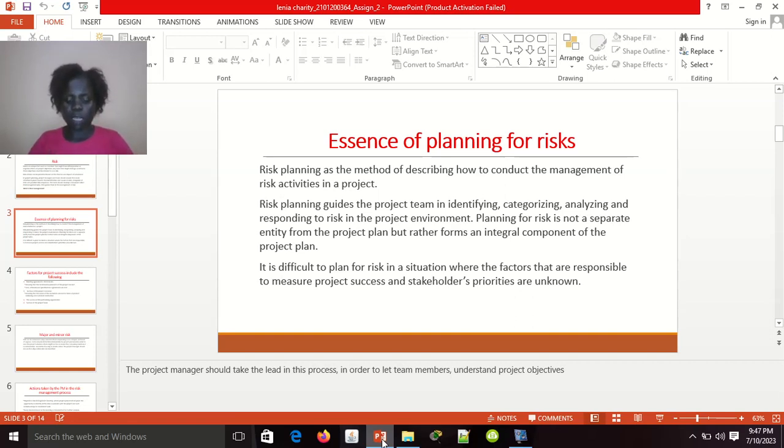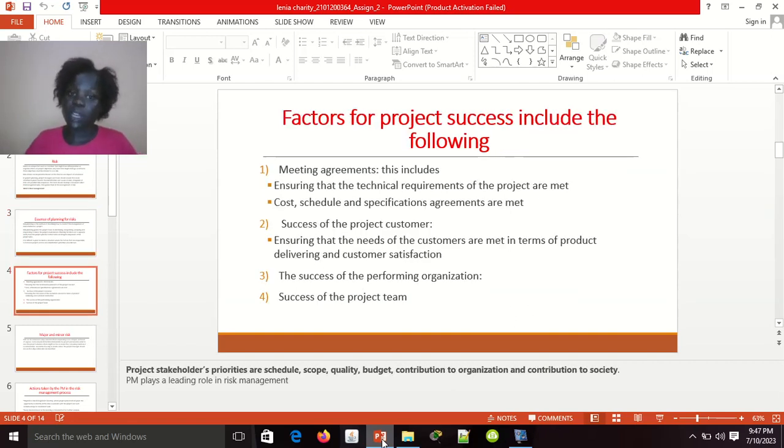Using that project risk management plan, the team members use it as a guideline to handle whatever is going to come their way, all those risks involved in the project. It is difficult to plan for a risk in a situation where the factors that measure project success and stakeholder priorities are unknown, which is true.